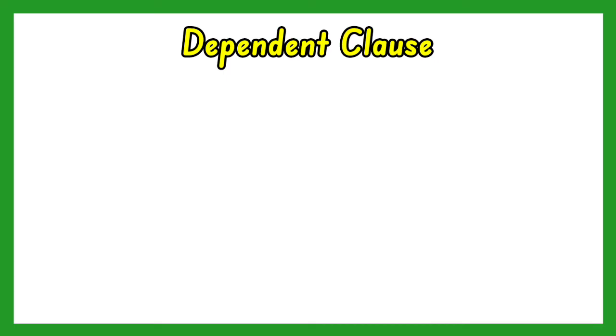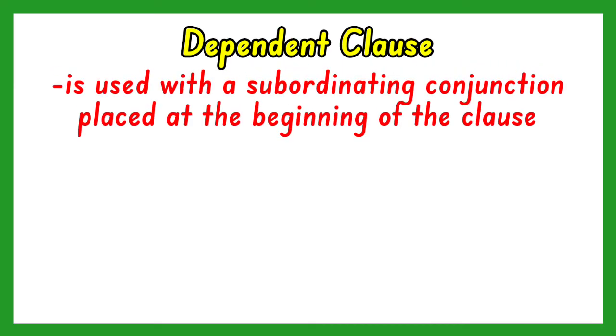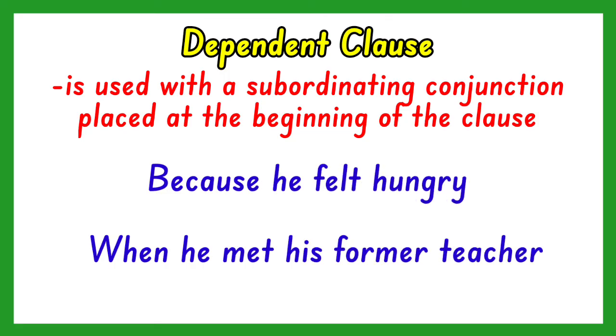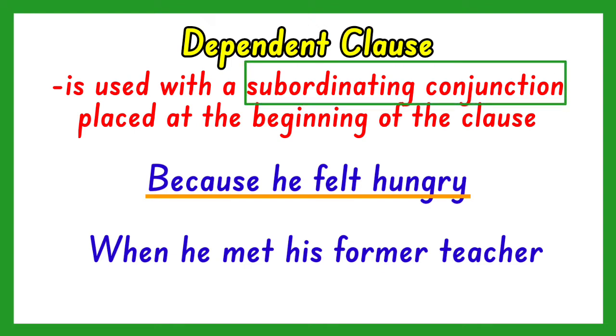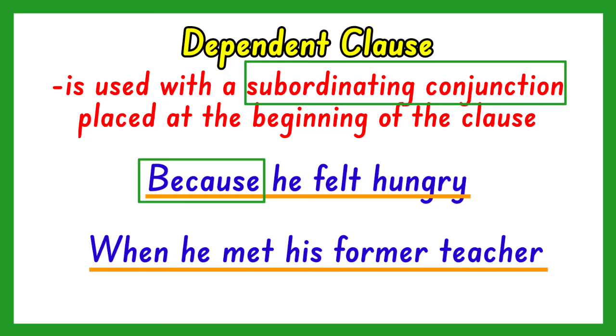And what is it? A dependent clause is used with a subordinating conjunction which is placed at the beginning of the clause. Let's examine our previous examples to make it clearer. Because he felt hungry. The subordinating conjunction in this dependent clause is because. Let's have the other one. When he met his former teacher.